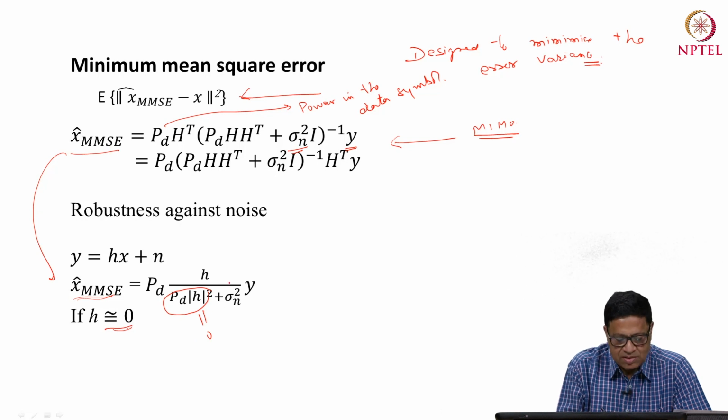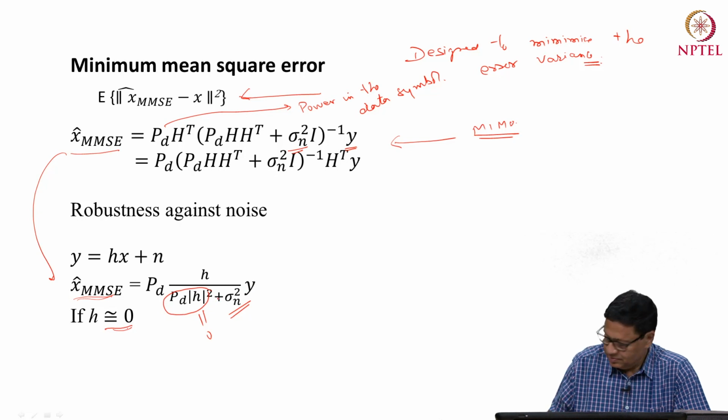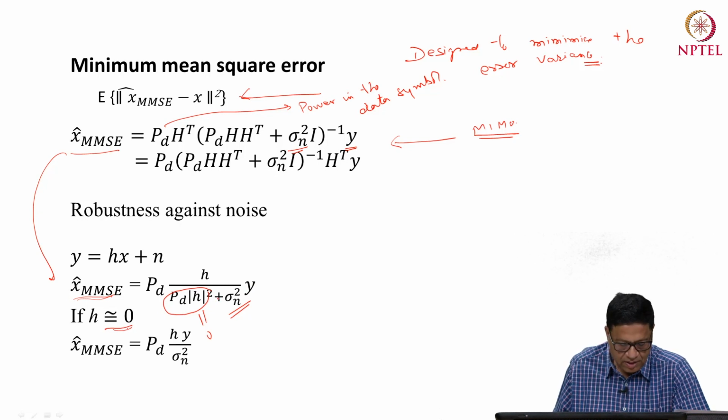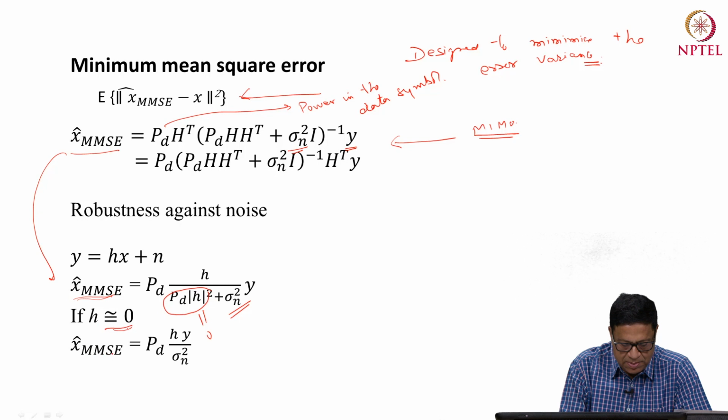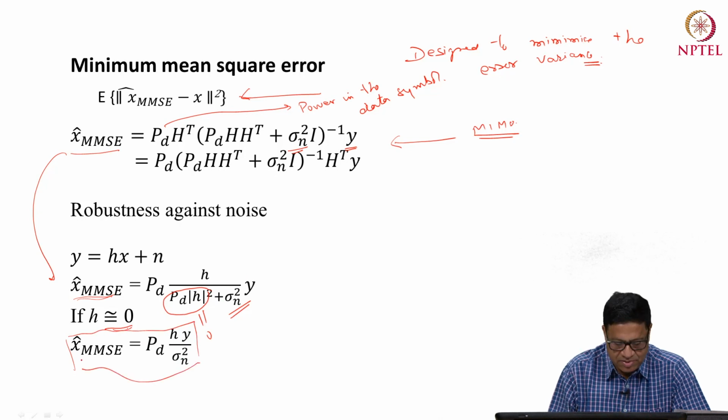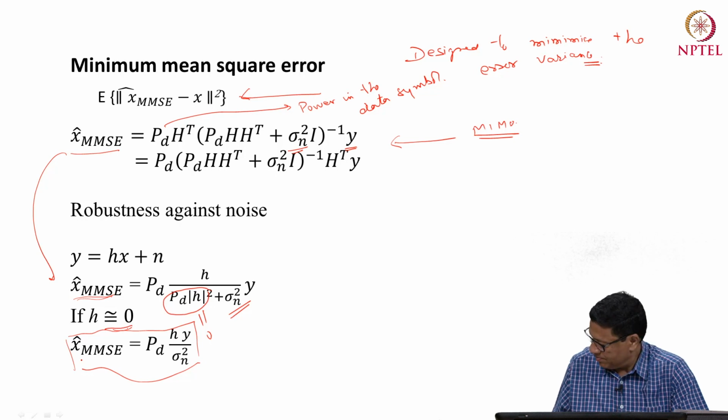But the whole thing does not go to infinity because there is a summation term here, sigma n square. So it does not go to infinity, even if H is tending to 0. So X estimate MMSE will be PD H into Y, which is 0, divided by sigma n square. So the noise does not get amplified here.